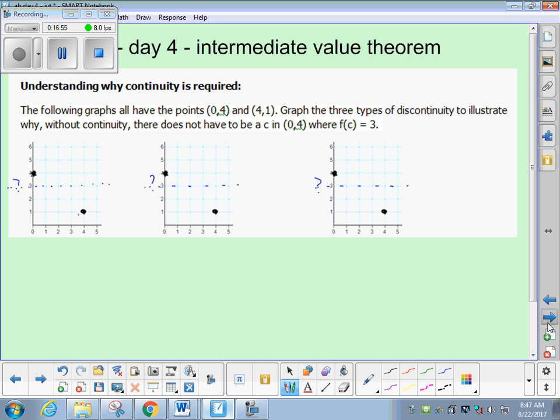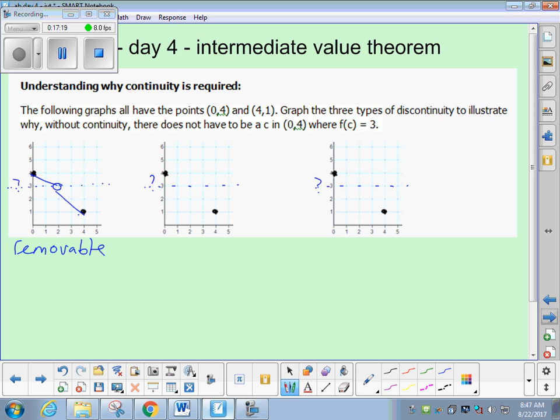Now, let's do that. Is that jump? I'm going to use this because we're going to need it anyway. Is that jump? No, what is that? Removable. Okay, so that's perfect, thank you. That's obviously one case of why continuity is required, because it doesn't pass through 3 there. The fact that it wasn't continuous allowed it to not pass through 3.